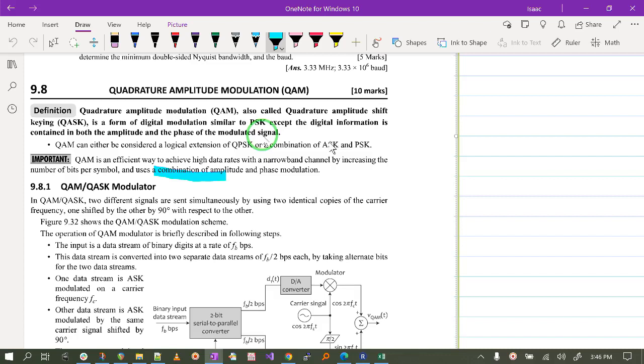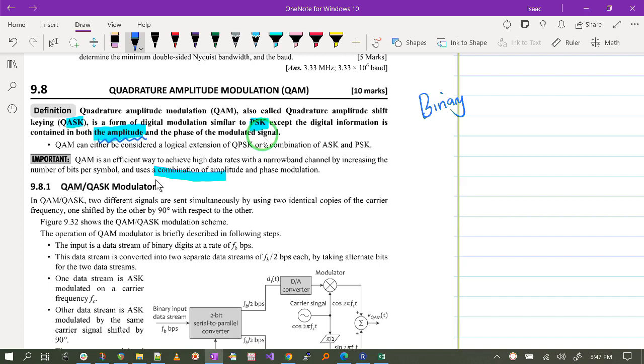Quadrature amplitude modulation, which is a form of digital modulation that combines the ideas of PSK and ASK. With QAM, the binary data stream is used to modulate the amplitude of the carrier.